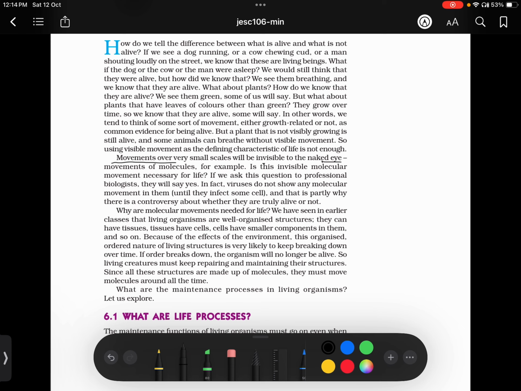But if we ask a professional, they will say that in fact viruses do not show any molecular movement until they infect some cell.